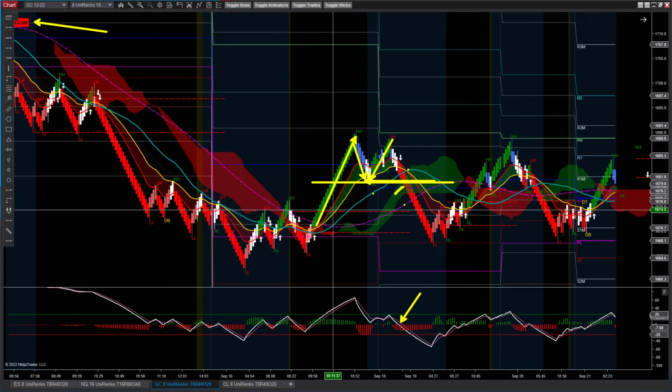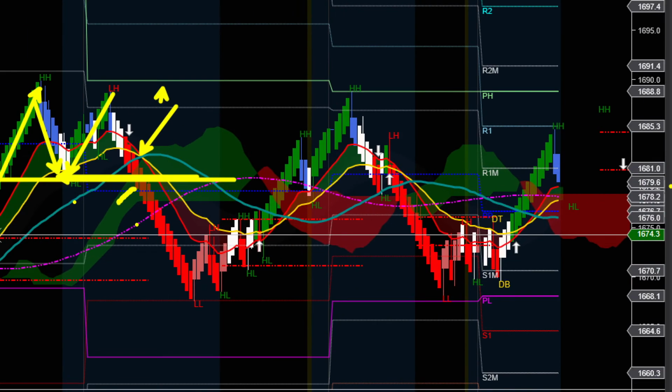The good thing on this one is that you are breaking that area there, so everything is now moving and triggering to the downside, which increases the probability of being a successful trade.